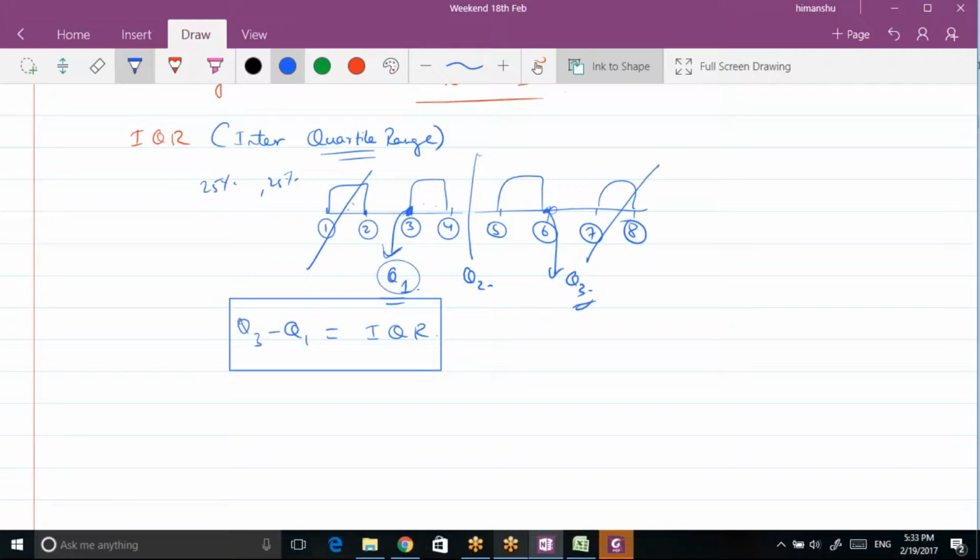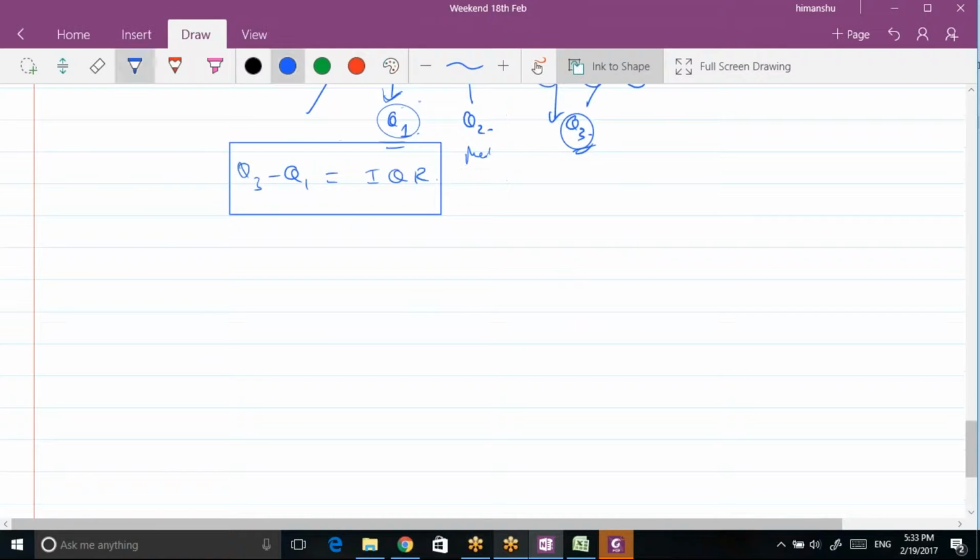Median is always after 50%, that is the second quarter, so this is my median. So whenever I end up with 25%, the next value is my Q1, and the last value after removing this is my Q3.